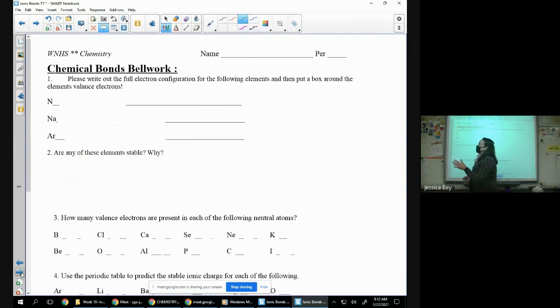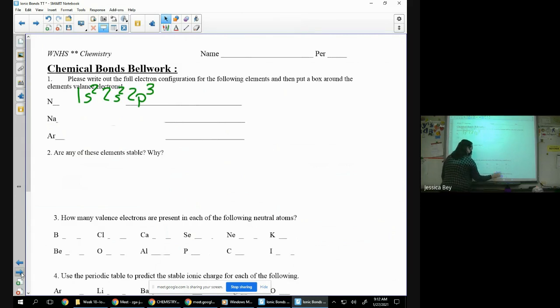So if we are using our periodic table to write for nitrogen, you would write 1s2, 2s2, and 2p. How many do we got going in there for nitrogen? Yes, 2p for nitrogen, 1, 2, and 3.